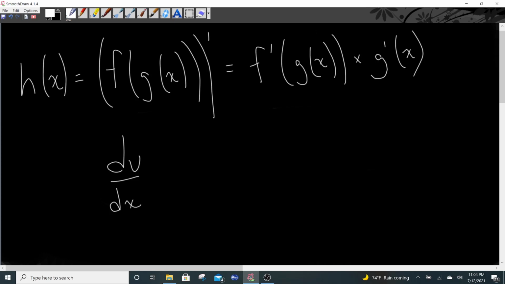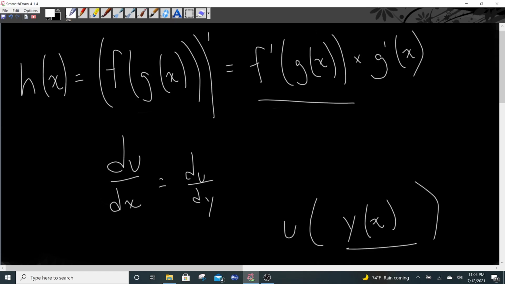Du dx, if we say that u is a function of y, which is a function of x, then we could adapt our chain rule to say that this would be du dy if y of x is our input for u of x, then y of x would fit that, and u prime, or the derivative of u with respect to its input, and our input's unchanged in that one, so it'll also be unchanged here.